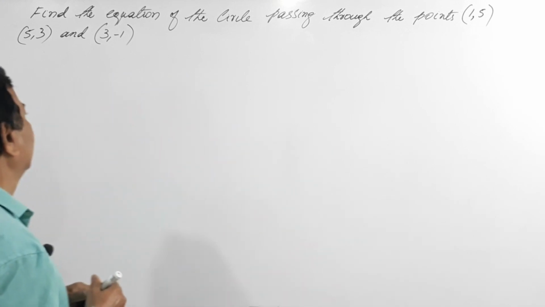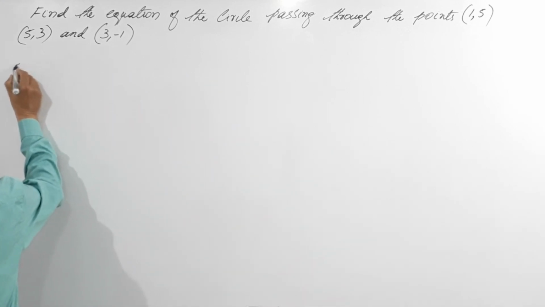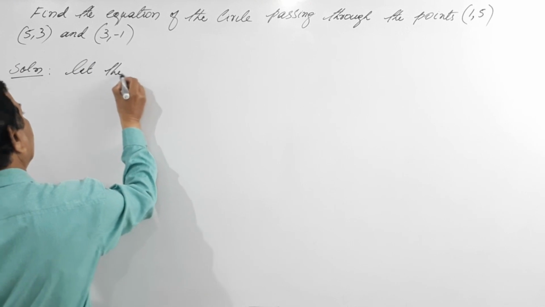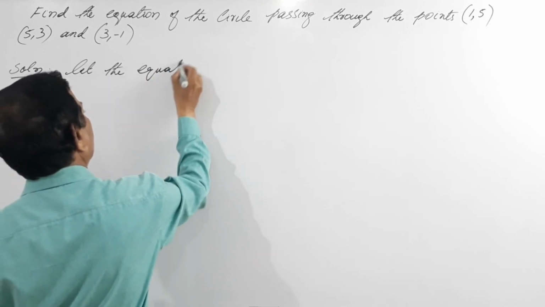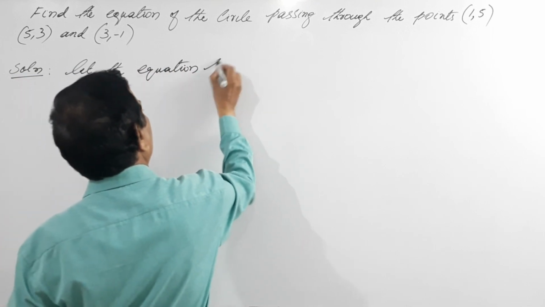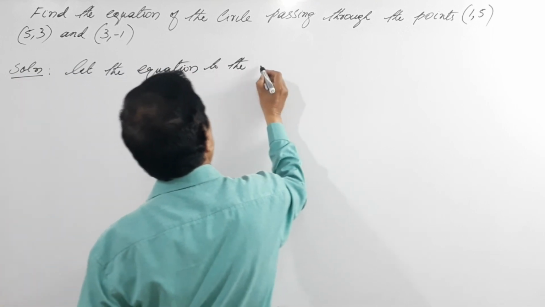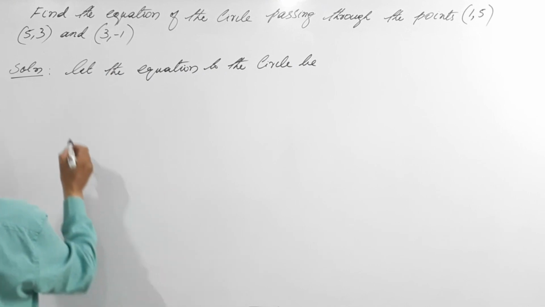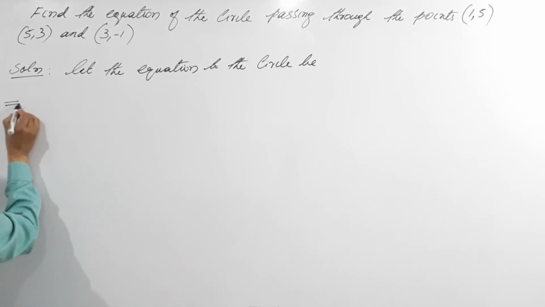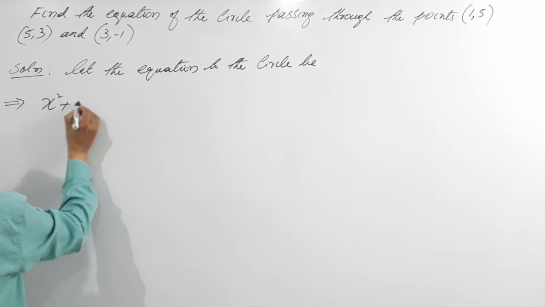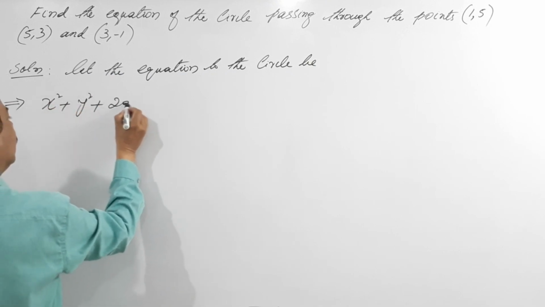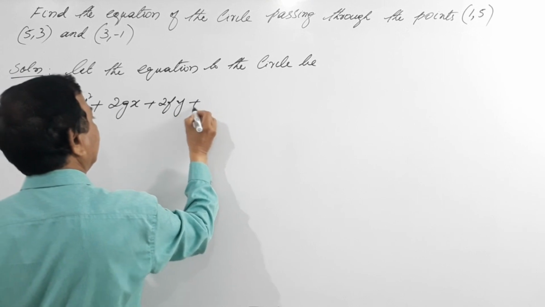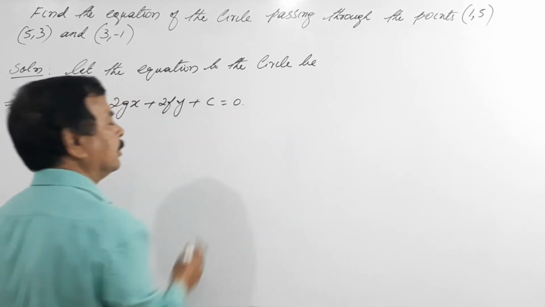Solution. Let the equation of the circle be, I'll take this, x square plus y square plus 2gx plus 2fy plus c equals to 0.